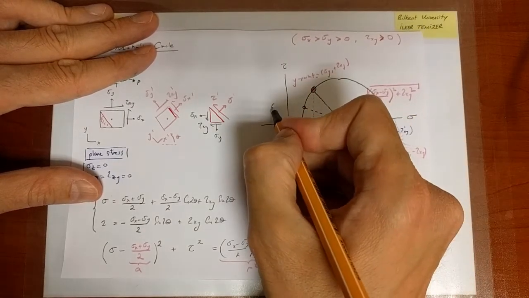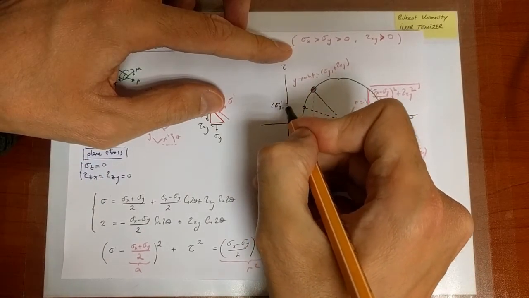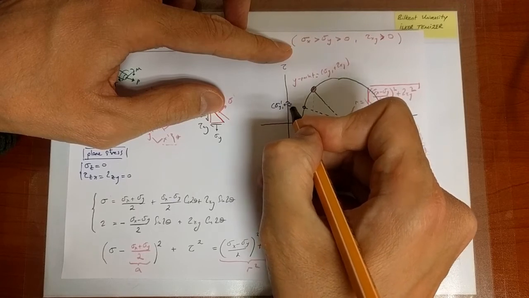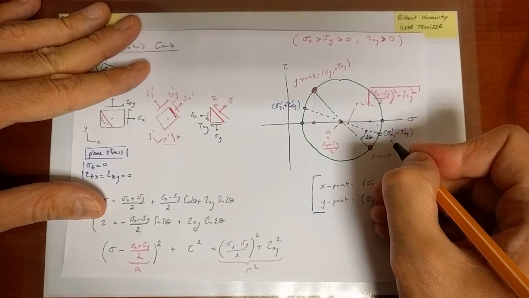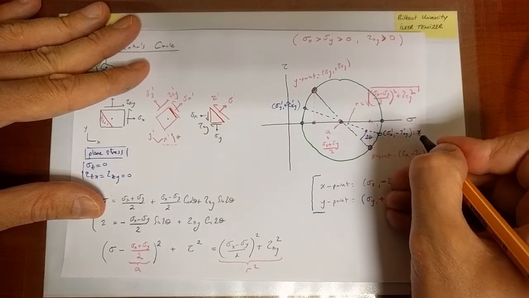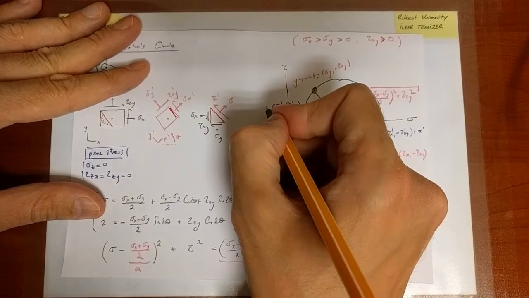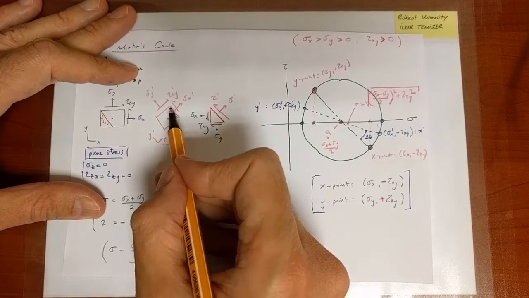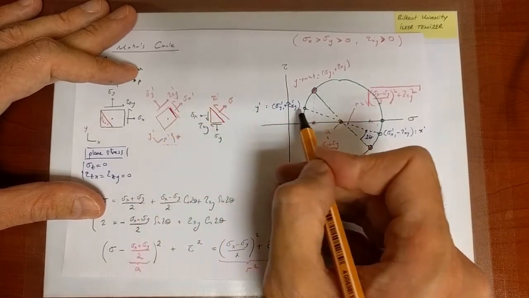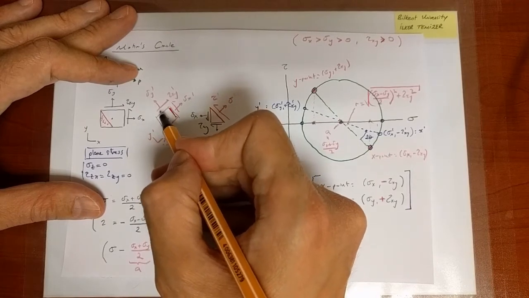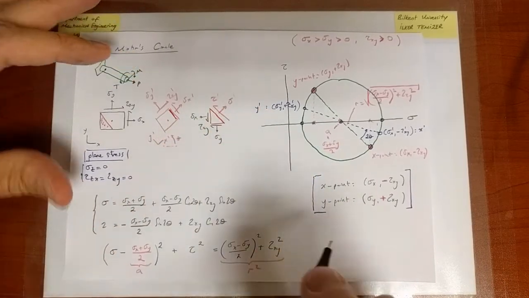Here I would have sigma y prime and plus tau xy prime. Let me again put the plus. This is the x prime point, and this is the y prime point. In other words, this is the stress component associated with that surface, associated with this picture, right?